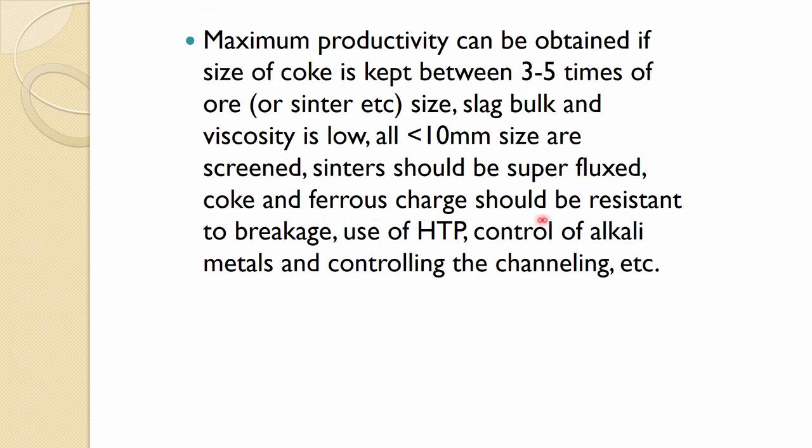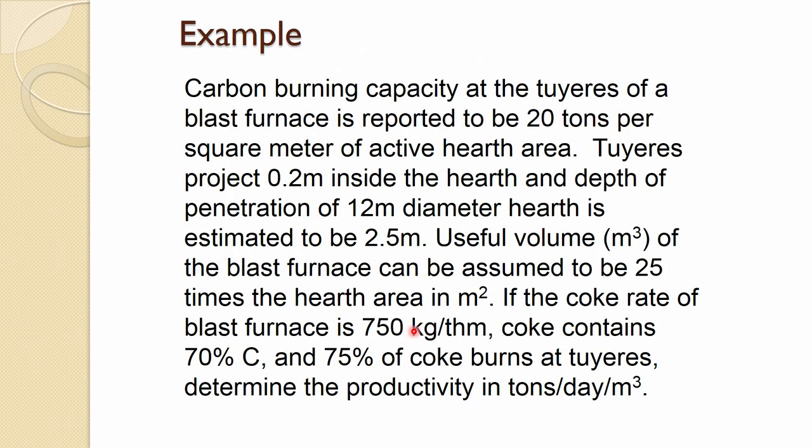Coke and ferrous charge should be resistant to breakage, use of high top pressure, control of alkali metal and controlling the channeling, etc. These are the factors which, by controlling them, you can achieve the maximum productivity in the blast furnace. So, there is one example based on this which we will take now.